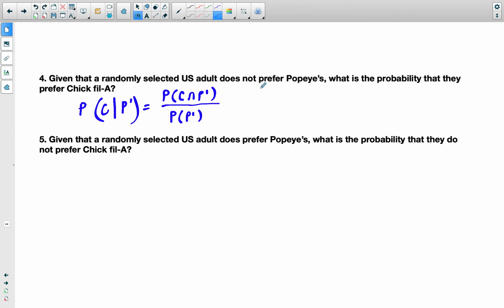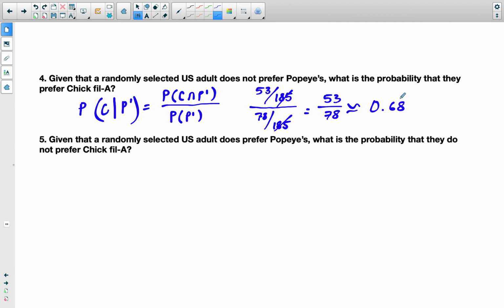So 53 out of 185 prefer Chick-fil-A and not Popeyes. People that do not prefer Popeyes is 78 out of 185. Complex fraction, denominator is the same, they cancel out, so I'm left with 53 out of 78. That approximates to 68%.